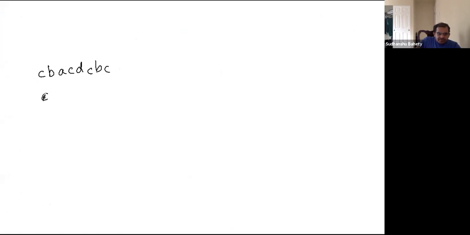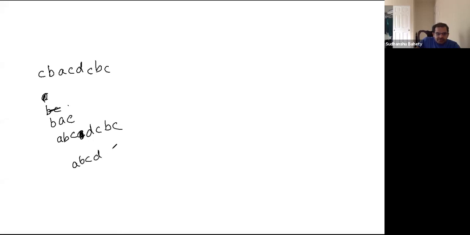B is smaller, so you will swap B and C, so BC will be there, right? Then A comes, then you swap these two things, right? So what you do is you do B, A, C. Now A and B is also small, then you do A, B, C. And then again a C is there. So since there are two C's, you remove one and you do D, C, B, C. Right? So it's A, B, C.